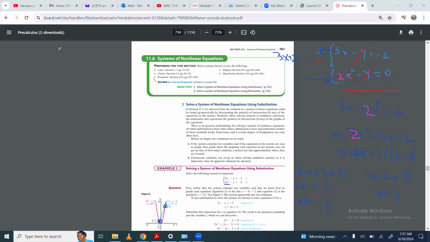Maybe I will write it here. So my first equation, I bring the 2 over with a plus sign to the left, and negative y I change with a positive y. It's going to be something like that, right? So that's my first equation. So I just isolated y from it.